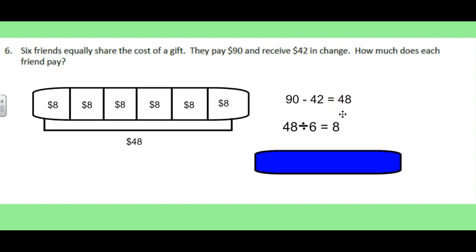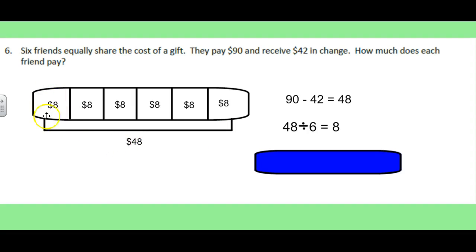So I know that the gift cost $48, but 6 friends are paying for this gift, so they have to split that cost and divide $48 among all 6 people. In my tape diagram, I had 6 different sections for 6 different people, and I know that this whole tape diagram was going to represent $48.